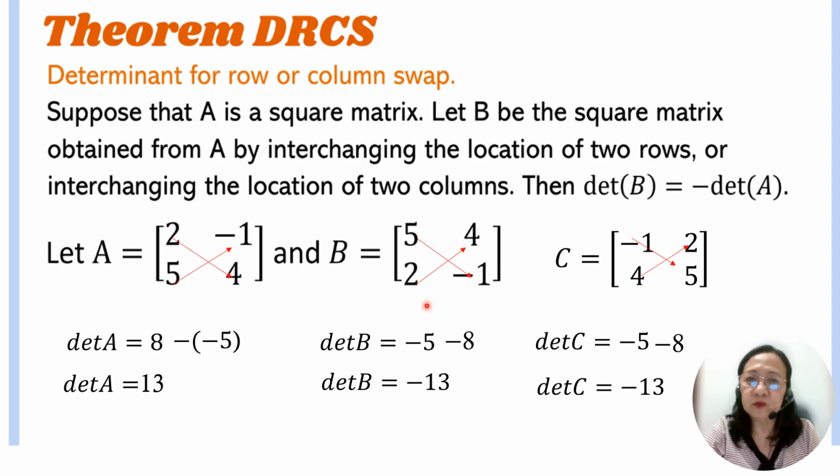Meaning to say, after swapping the rows, there must be a difference in their sign. They are opposite of each other. Similarly, if the columns are swapped, we also arrive at the opposite of our original matrix.